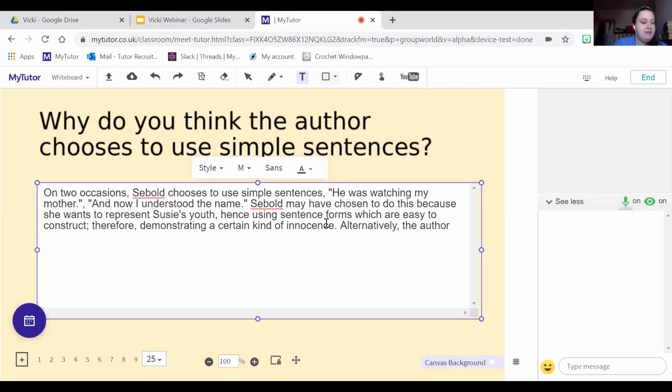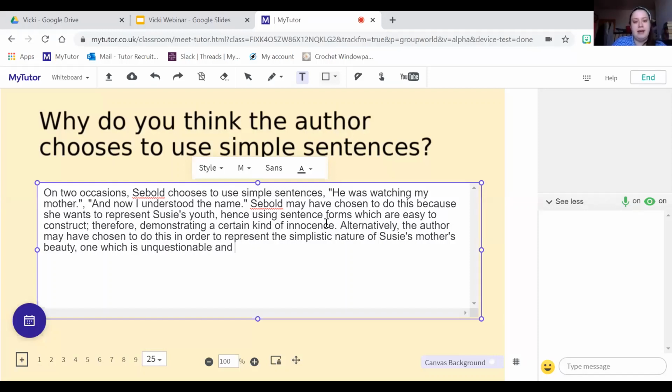So alternatively, the author may have chosen to do this in order to represent the simplistic nature of Susie's mother's beauty, one which is unquestionable and obvious.